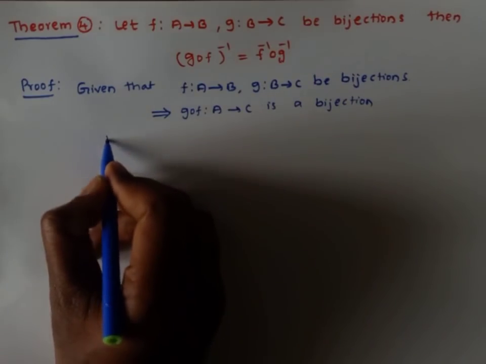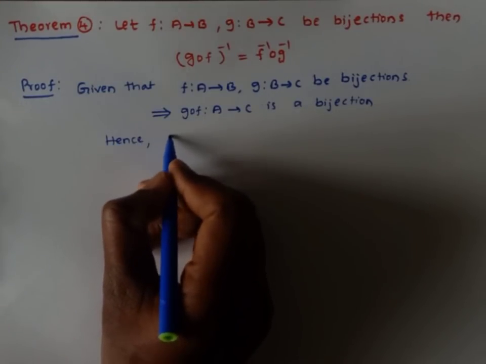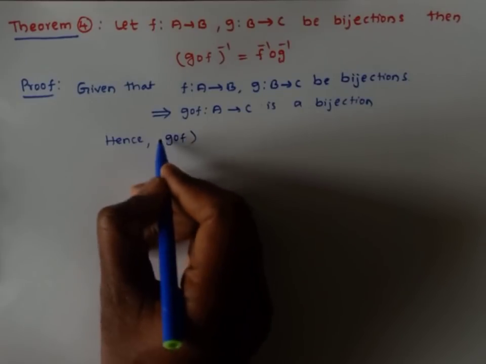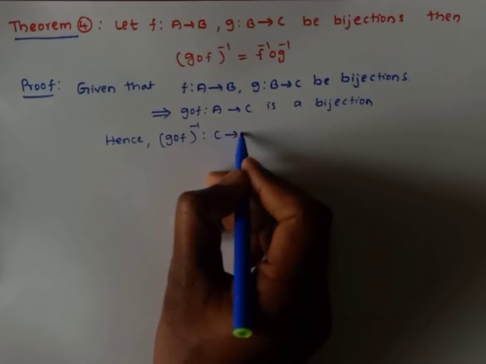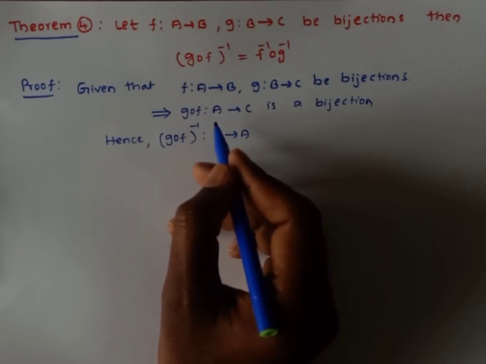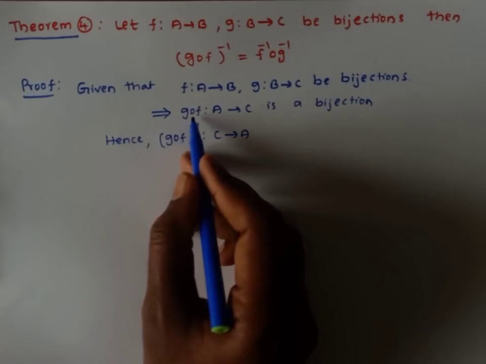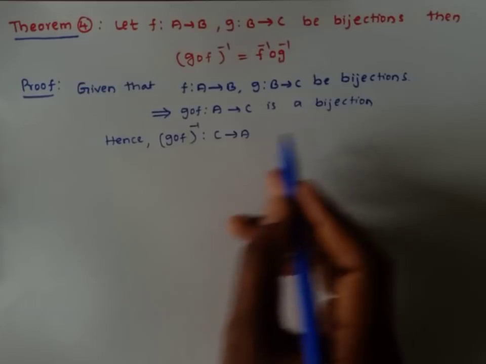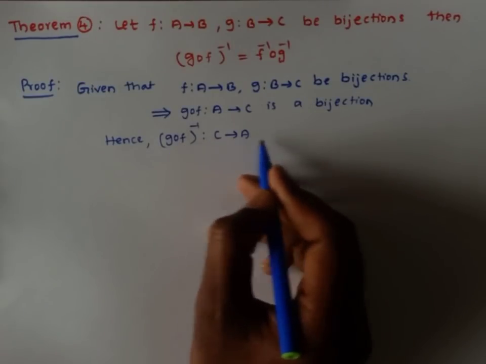Hence (G compose F) whole inverse is from C to A. If F is a bijection from A to B, then F inverse is also a bijection from B to A. Similarly, G compose F from A to C is a bijection, then (G compose F) whole inverse is a bijection from C to A.